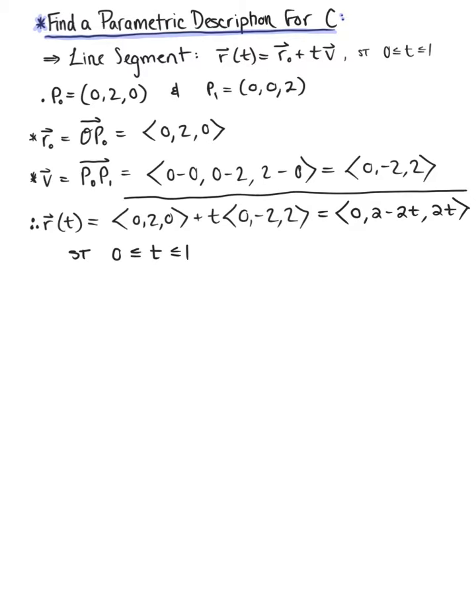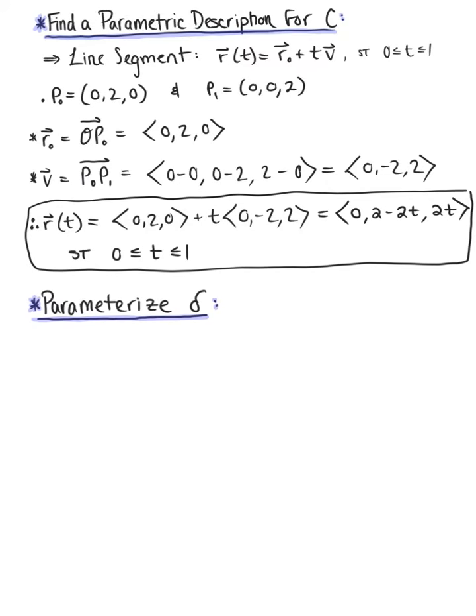This is the parametric description of the line segment that we are going to use to parameterize the density function. Recall that in this question we are given the density function delta of x, y, z equal to y plus z.